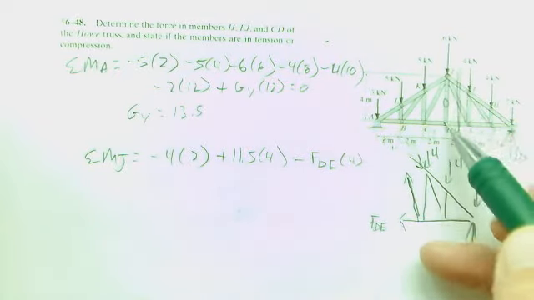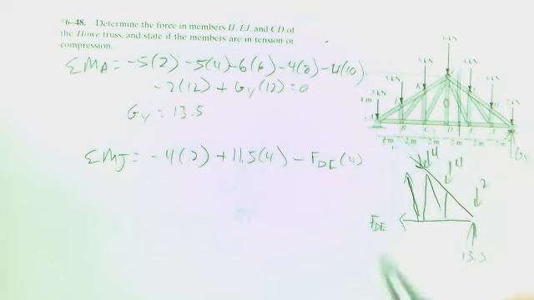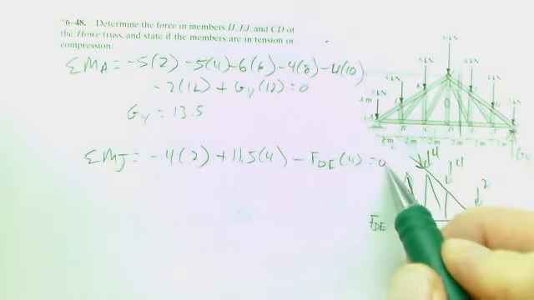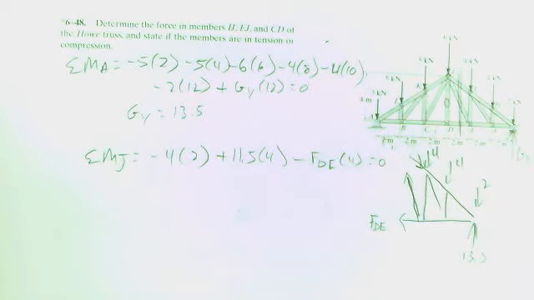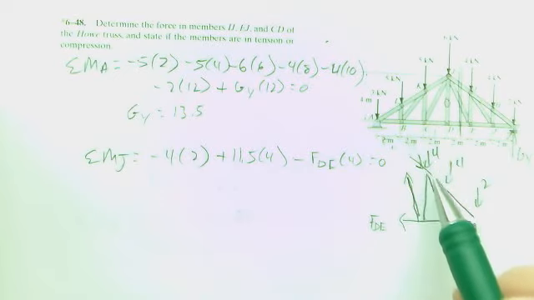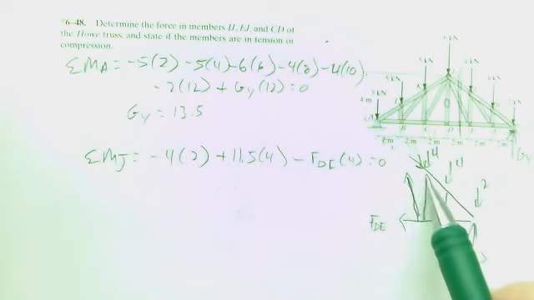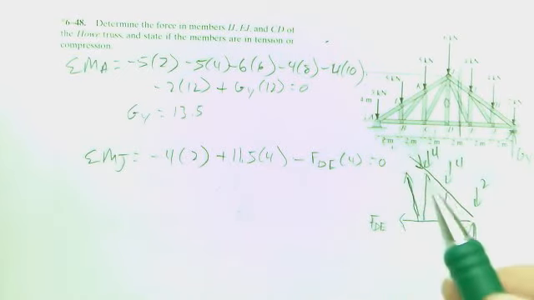The height there is 4, and that equals 0. Oh, I didn't account for both of these because I did it about J, so I got to do 2 times that one and 2 times that one.